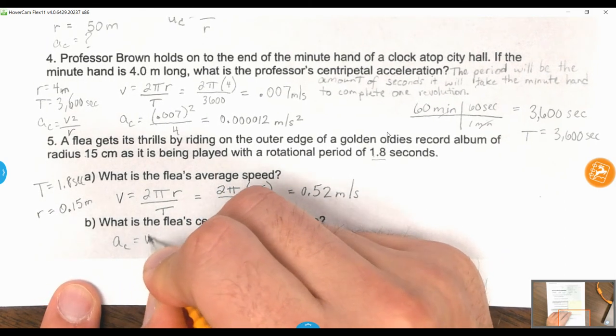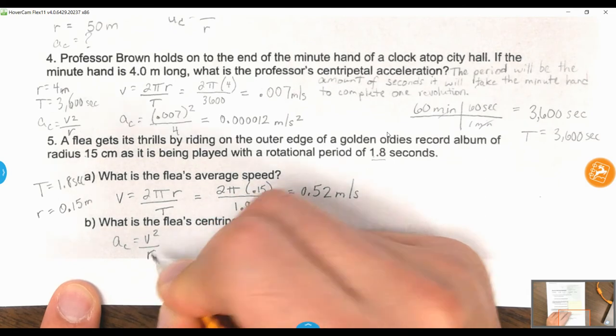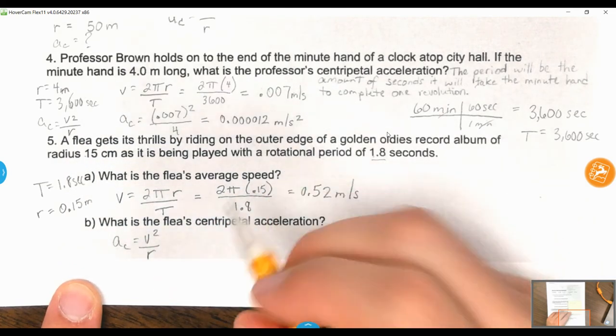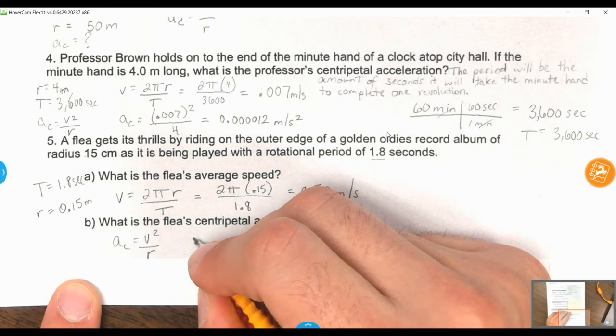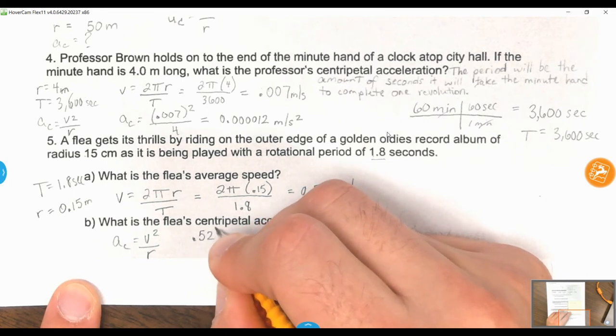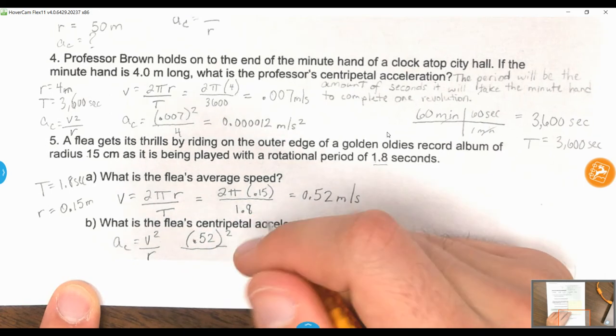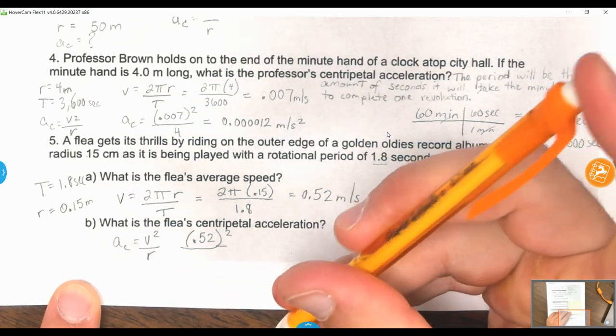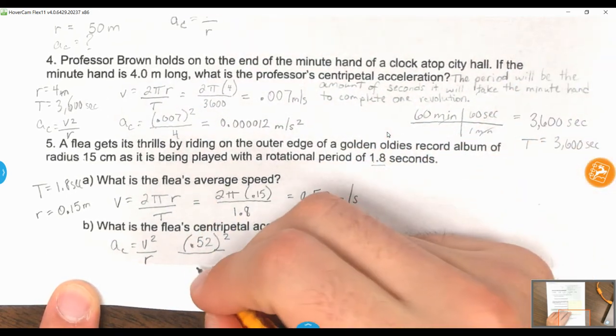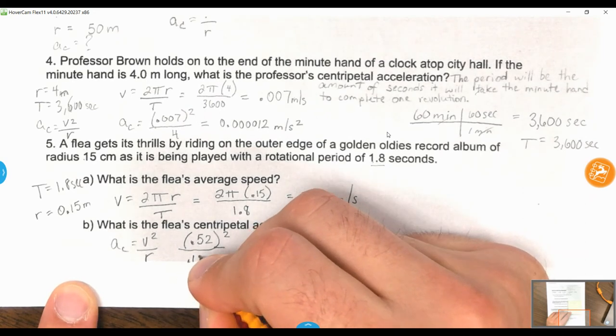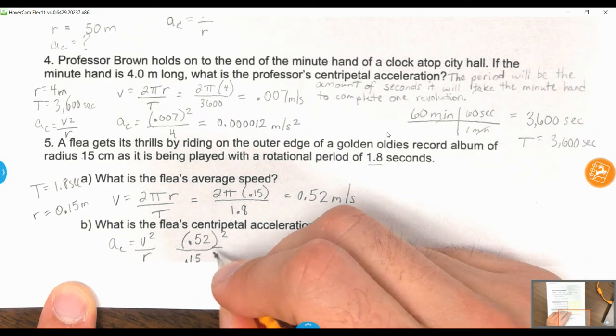That equation is v squared over r. You just solved for velocity. So you're going to do 0.52 squared divided by the radius here in meters of 0.15. Not 15, but 0.15.